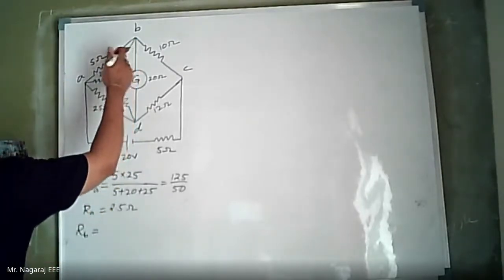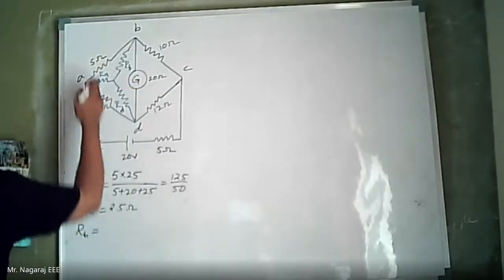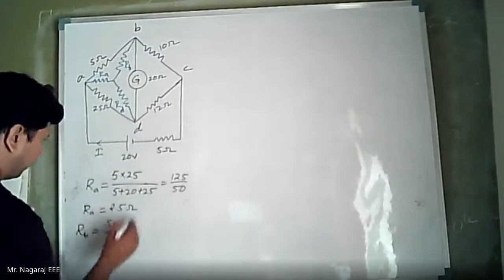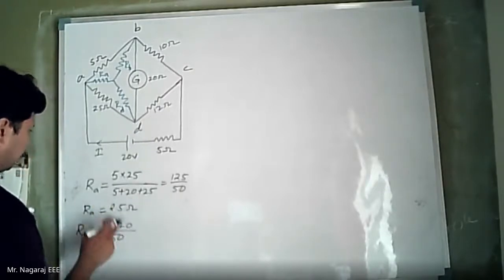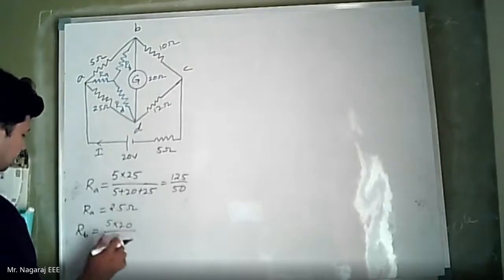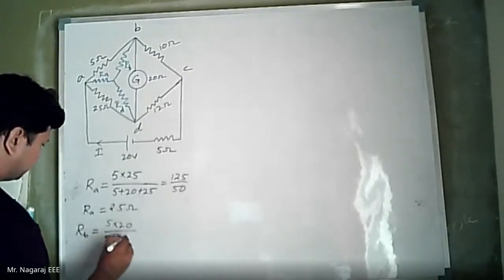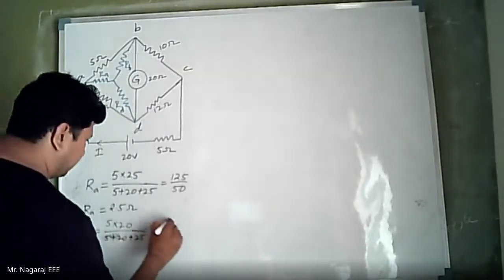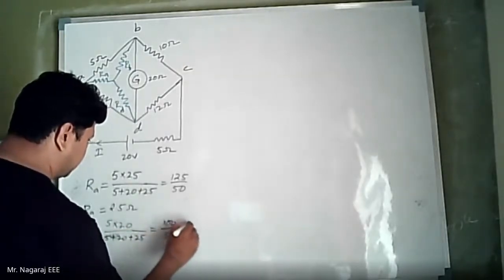So RB is the product of the two resistances connected to terminal B, that is 5 ohm and 20 ohm, divided by 50, that is 5 plus 20 plus 25. So 100 by 50 is equal to 2 ohms.